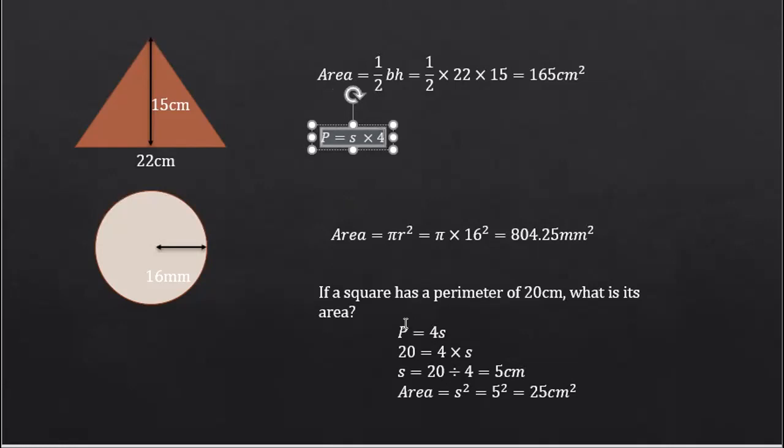We know the perimeter is 20, which is equal to 4 multiplied by side. Therefore, we make side the subject of the formula like we did previously. So you get 20 divided by 4, which is equal to 5 centimeters. The square has a side of 5 centimeters, and we know the area of a square is side multiplied by side, or side squared. So 5 squared is 25 centimeters squared.